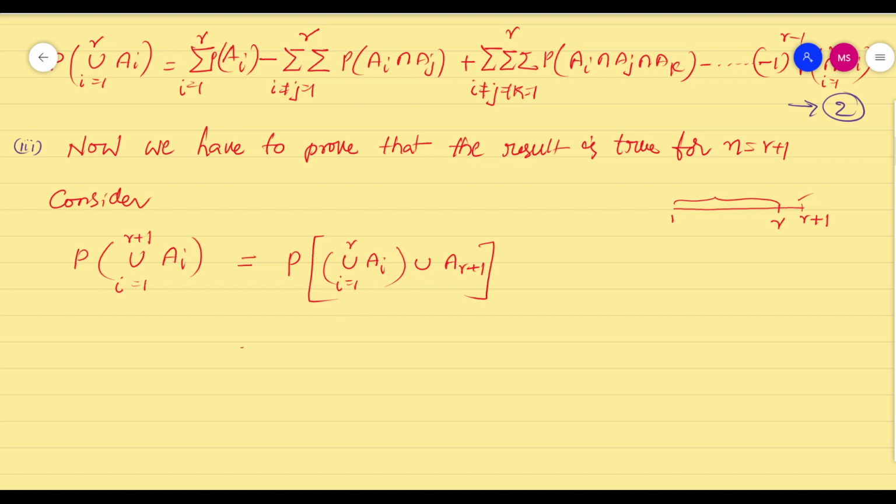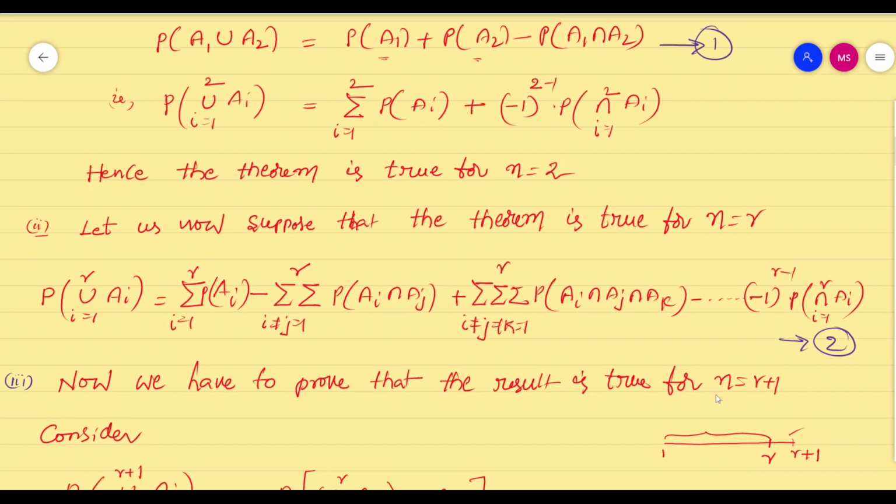So this is equal to, from equation 1. What is equation 1? Equation 1 is p of a1 union a2 is equal to p of a1 plus p of a2 minus p of a1 intersection a2, right?